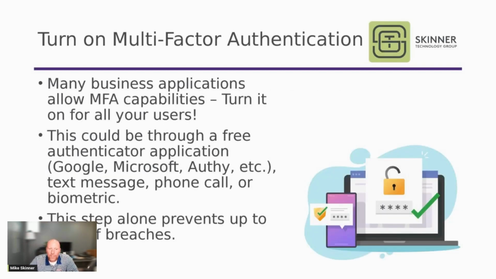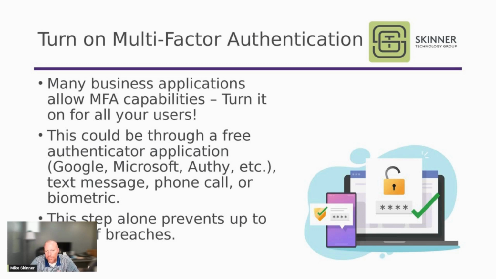So the first one, we have talked about this on several of our webinars and several of our trainings, and that is turning on multi-factor authentication. Many business applications allow MFA capabilities. They're just not turned on. So be sure that you've turned on multi-factor authentication for all of your business applications.